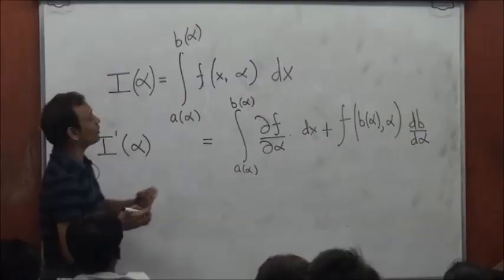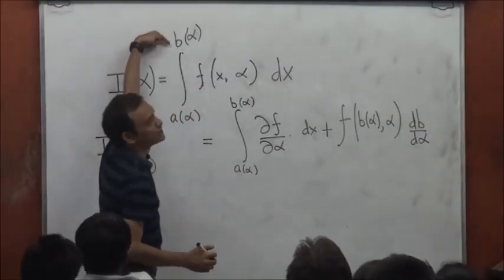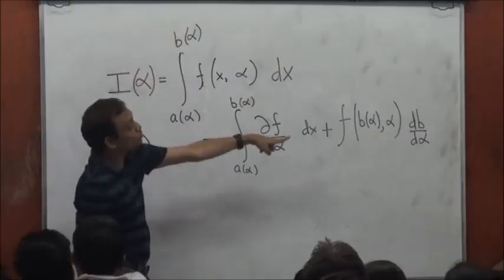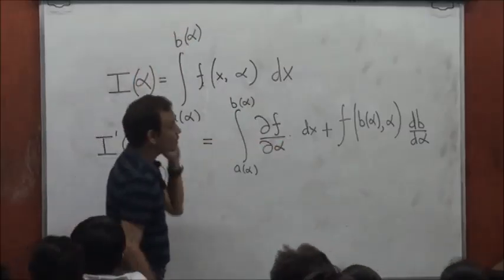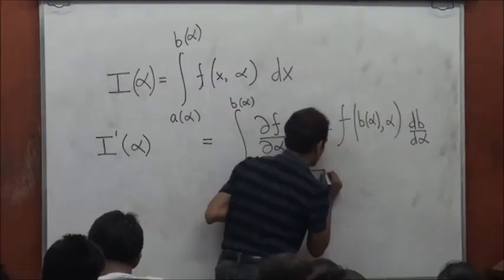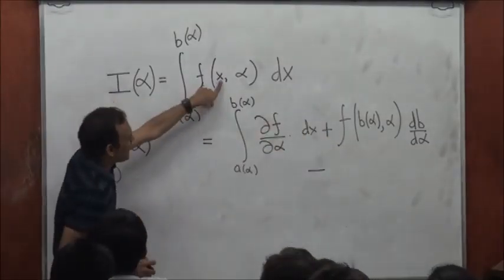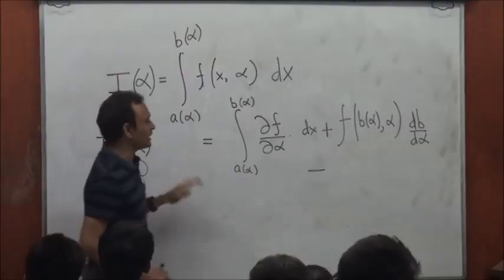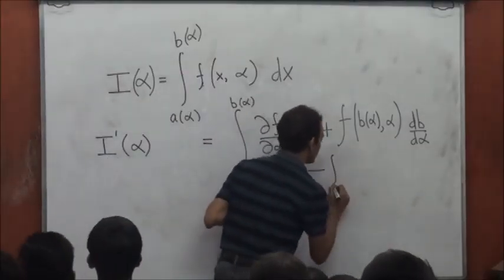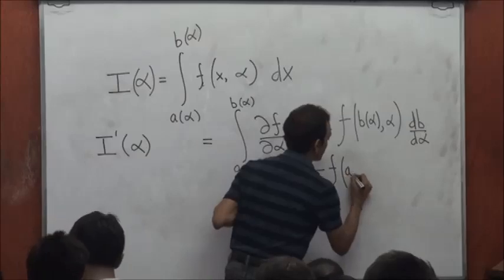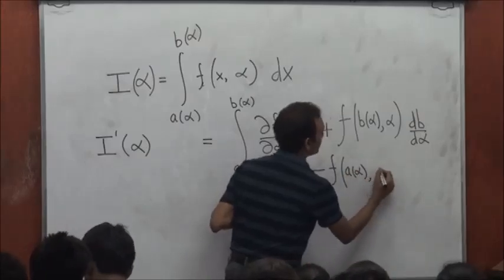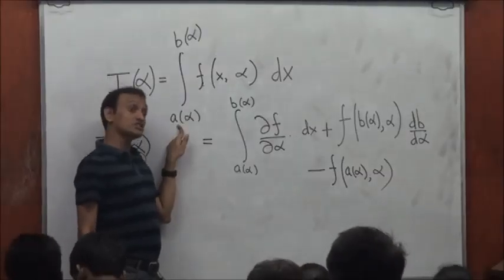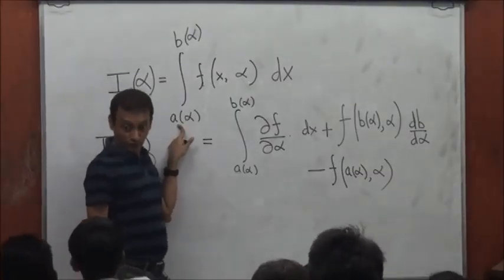You've replaced x by the upper limit, and then differentiated b with respect to alpha. In the third term, which comes with a minus sign, wherever x appears, replace it by the lower limit of integration, and then differentiate a with respect to alpha.